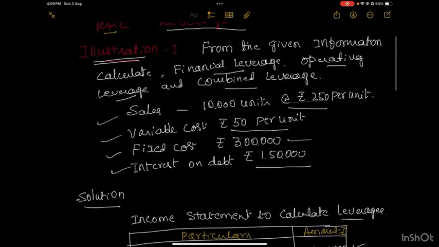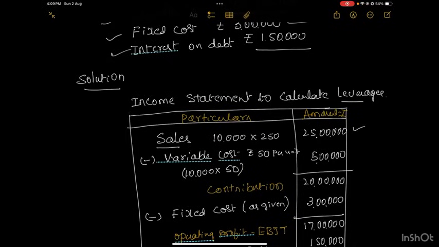It's given in the problem. Let's take your variable cost rupees 50 per unit. 10,000 into 50, 5 lakhs. And 25 lakhs minus 5 lakhs, we will get a contribution of 20 lakhs. This is called contribution.